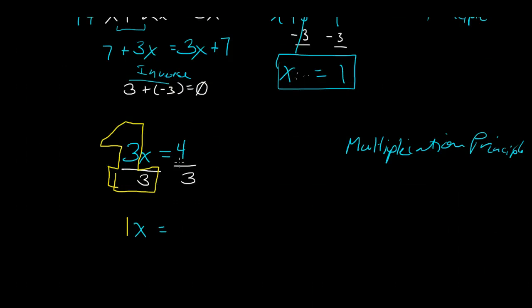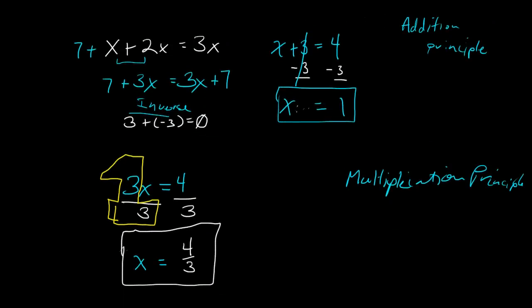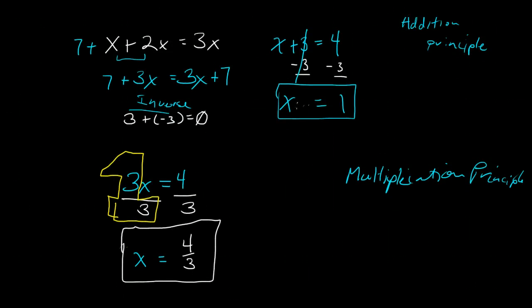And of course, to this side, I have to do the same thing. That's how I maintain the balance. So 1x, or just x, remember, we don't need to write that 1 because it's the identity. x is equal to 4 divided by 3, or 4 thirds. So that's the multiplication principle, and the addition principle, and maintaining equivalence on your expressions.